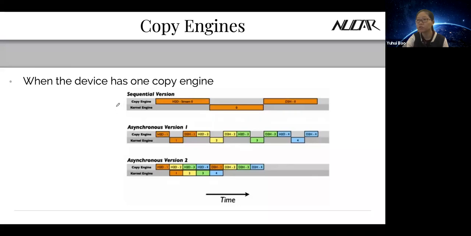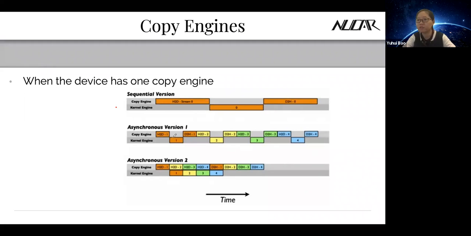So the sequential version is as I drew before. There's one kernel, but we can split the kernel into three stages, or into four stages.